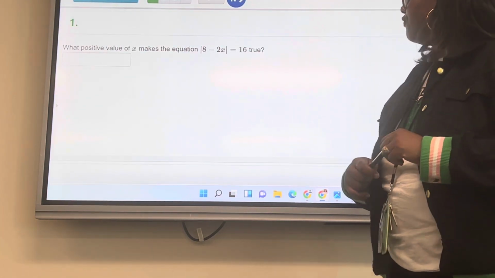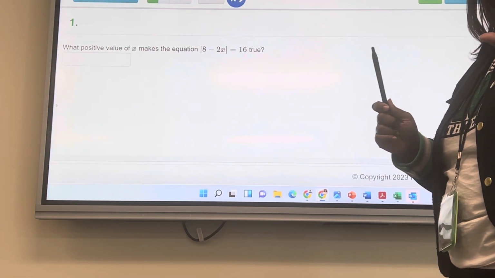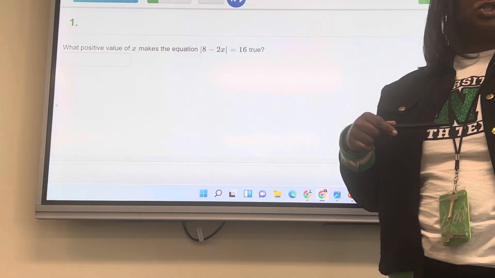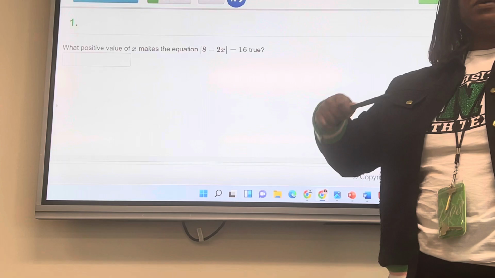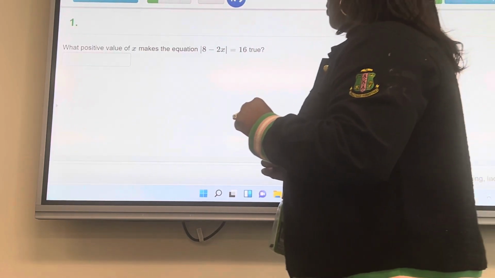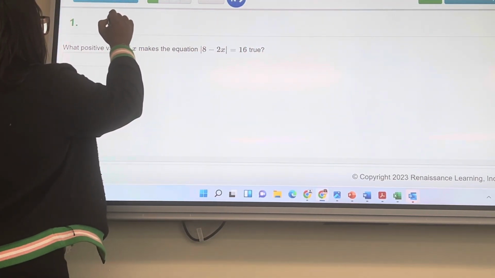All right? So the first thing we have to recall and remember is, what does taking the absolute value of something actually mean? Because if you don't ask yourself that question first, then you're going to be confused going through the entire process of solving this. So question number one is, what does absolute value actually mean?